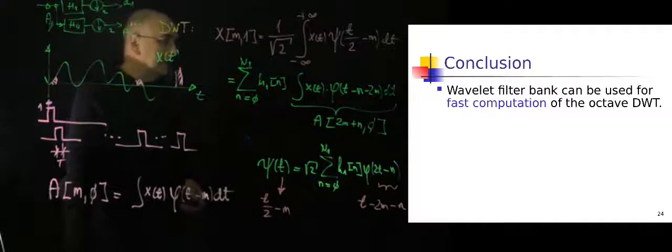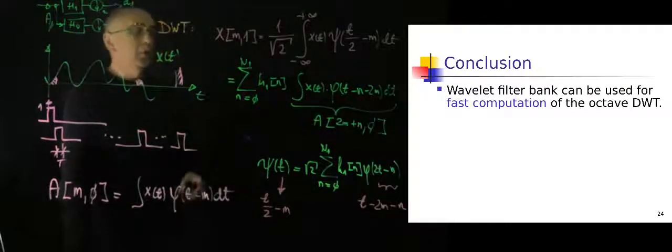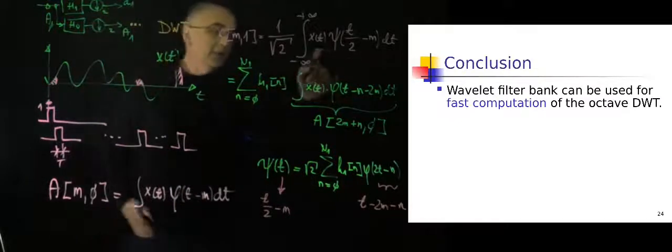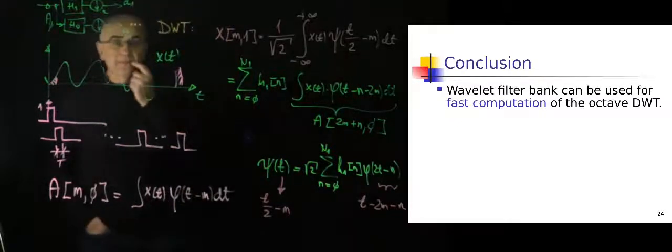So a wavelet filter bank can be used for a fast computation of the octave discrete wavelet transform.